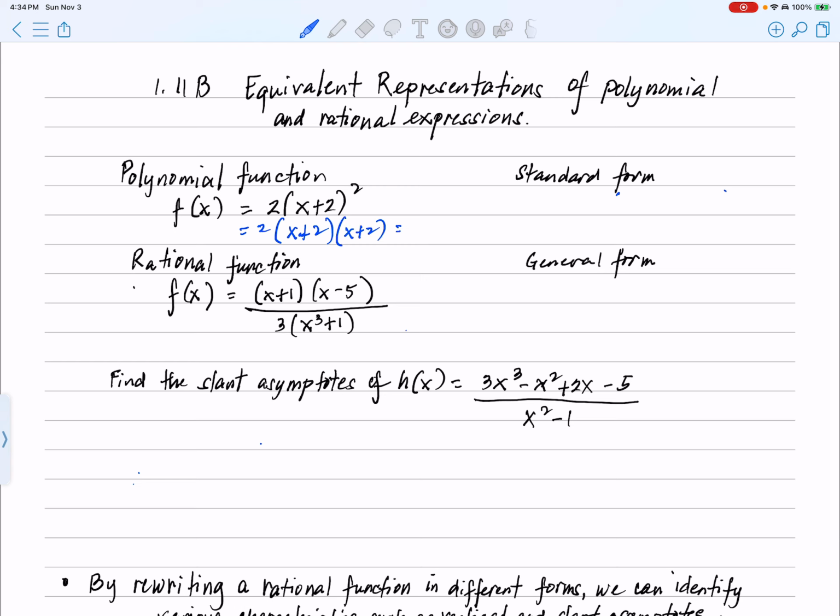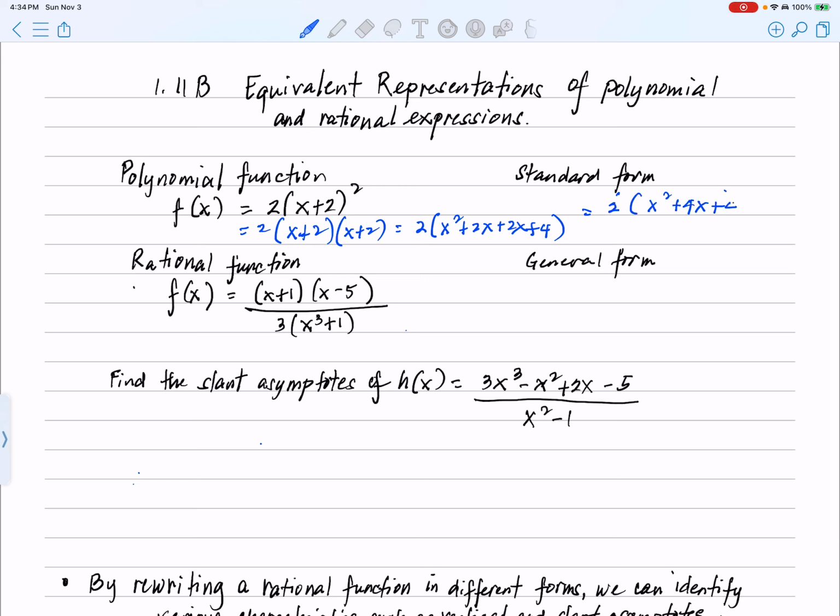So this will become x squared plus 2x plus 2x plus 4. And multiplying and distributing, this will be x squared plus 4x plus 4.